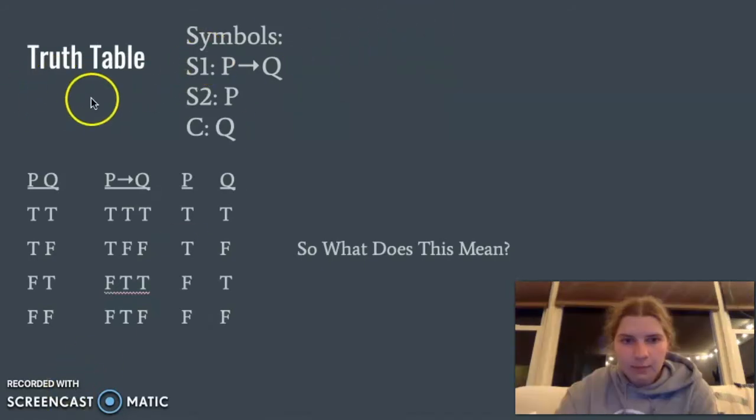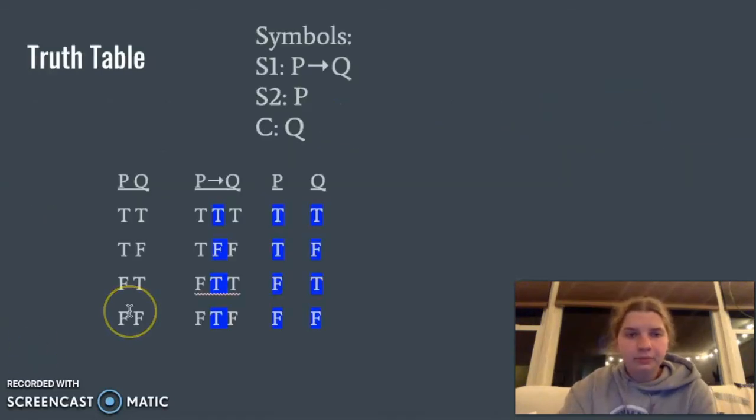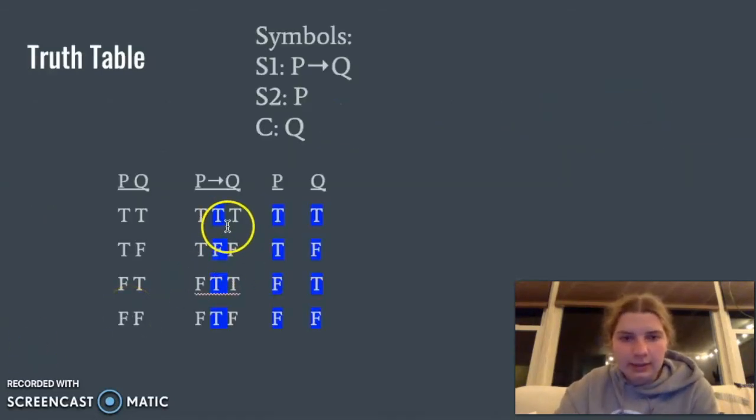So we will be testing S1 and S2, because sentences S1 and S2 are equivalent if and only if they always have the same truth values in the same rows. Here I just highlighted it a little better for everyone to see. S1 and S2 have to have the same truth values for it to be equivalent.